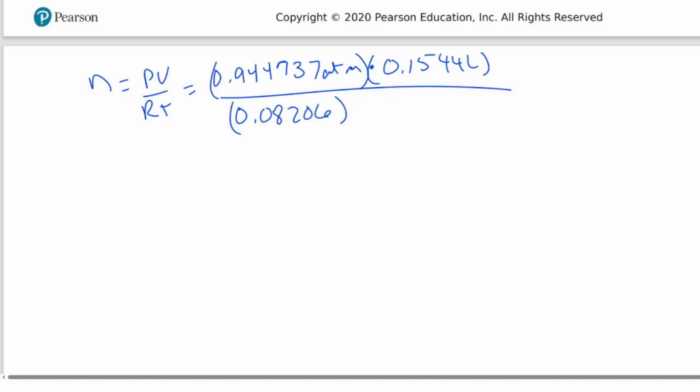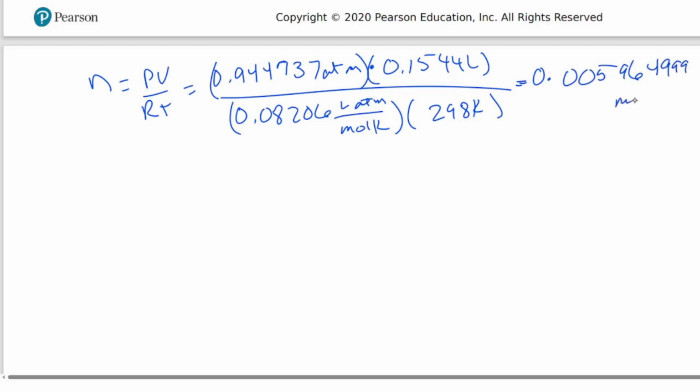And let's go ahead and put the units in. Liters atmospheres per mole Kelvin times 298 Kelvin, which is equal to 0.005964999 moles. Okay, so now we can convert the moles to mass because we were asked to find the mass.